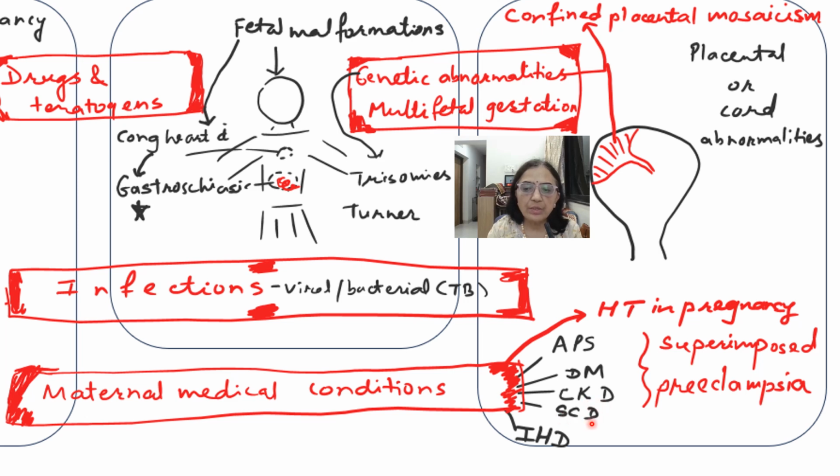Anemia as such is not such a great risk factor, but sickle cell disease is definitely a risk factor for fetal growth restriction. And ischemic heart disease is emerging as a risk factor for fetal growth restriction, with more and more women opting for pregnancy at a later age.